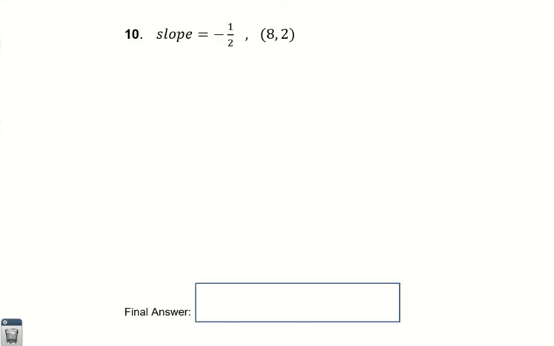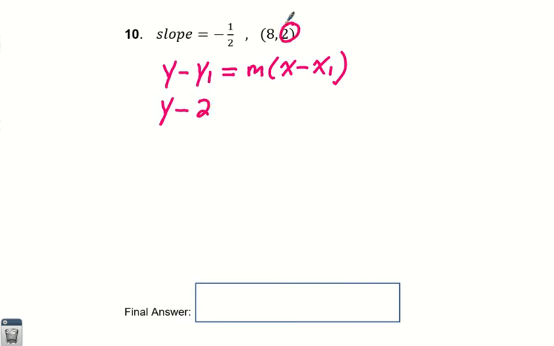This is the same exact kind of question. They gave me the ingredients that I need for this formula for free. y1 is 2, so that's y1. My m is -1/2, and my x1 is 8.